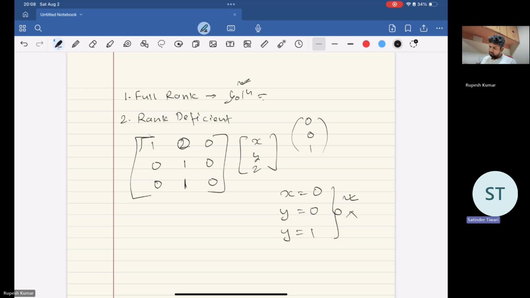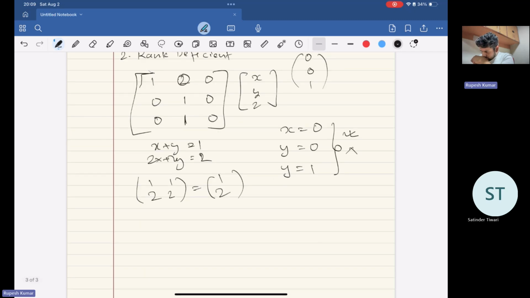If we take two dimensions, then it is rank deficient as well as having infinitely many solutions. If we see x plus y equals 1 and 2x plus 2y equals 2, that is rank deficient, but we are getting a solution because the pivot is 1.